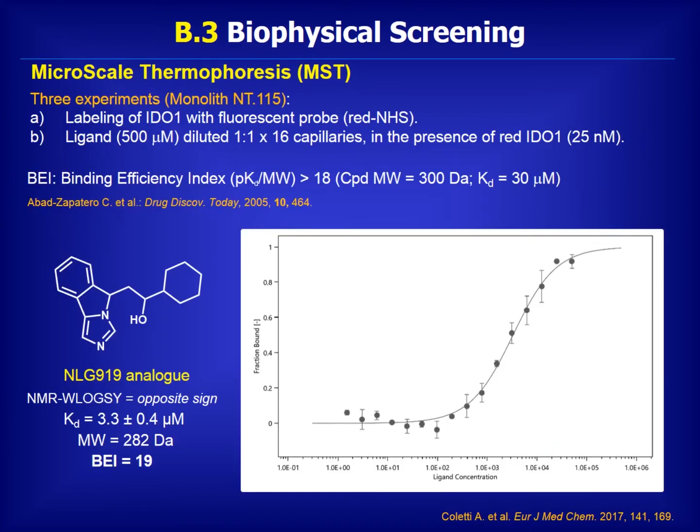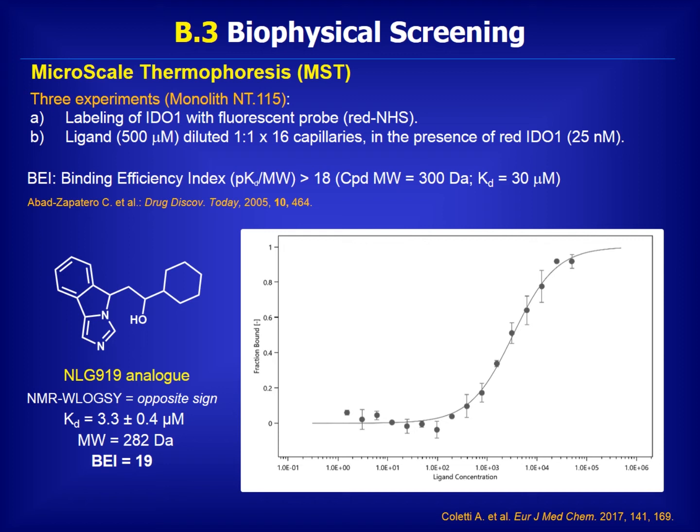For this reason, we labeled our recombinant enzyme with a red fluorescent dye, according to the NanoTemper protocol, to perform MST screening. As in NMR assays, we used an NLG919 analog as positive control because it is a potent IDO1 inhibitor currently in clinical trials.